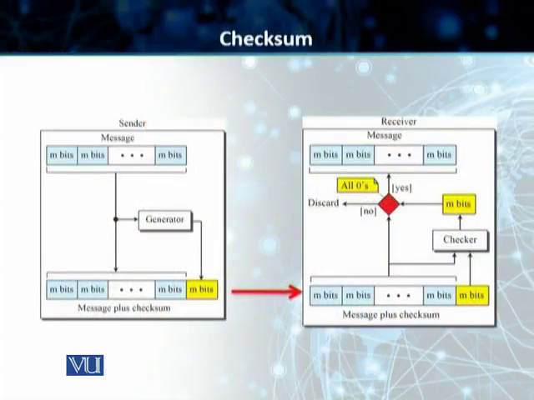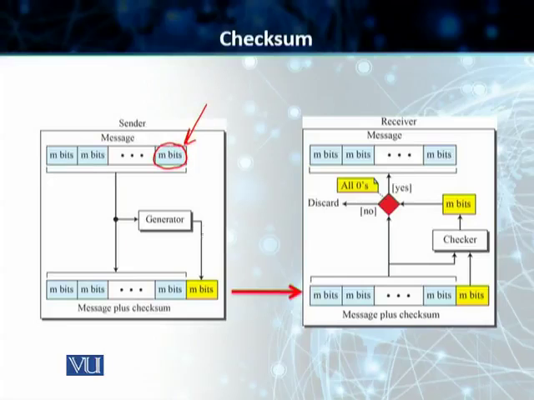As you can see on the slide, we have got a sender end and a receiver end as usual. At the source, the first step is that this message is divided into M bits. So we create multiple units, each of M bits.